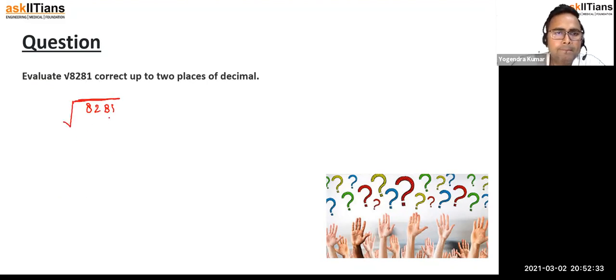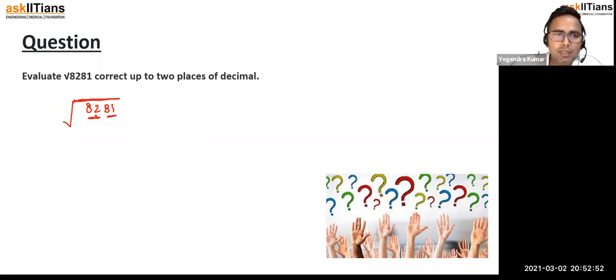We make pairs from the unit place, so there are two pairs. Why are we making pairs? Because this is the method to find the square root, because a square is a double power, so that's why we make pairs here, right?